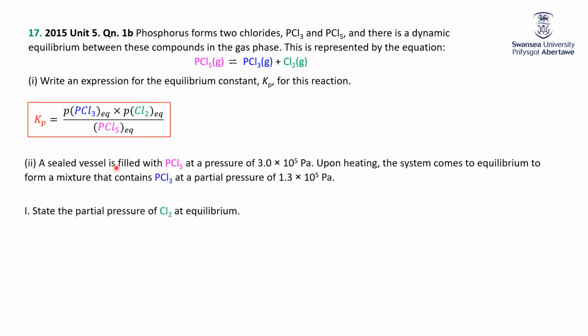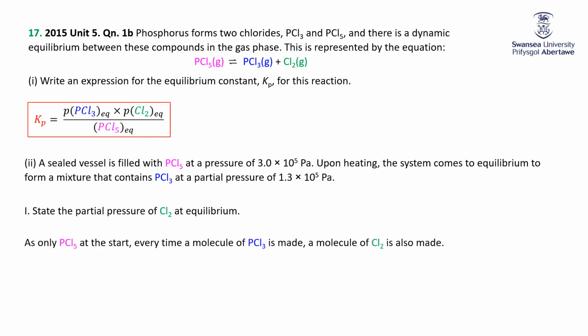So, a sealed vessel filled with PCl5, at the pressure given here. Upon heating, the system comes to equilibrium to form a mixture that contains PCl3 and of course also Cl2 at a partial pressure of 1.3 times 10 to the 5 pascals. So what's the partial pressure of Cl2 at equilibrium? Well, we only had PCl5 at the start.